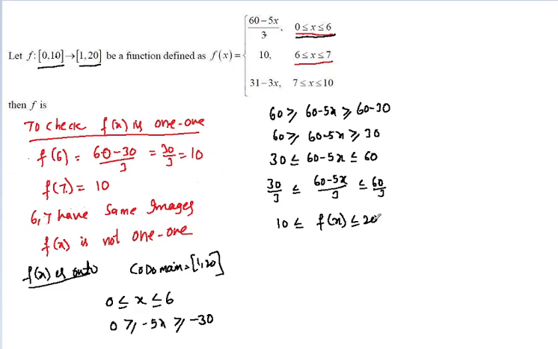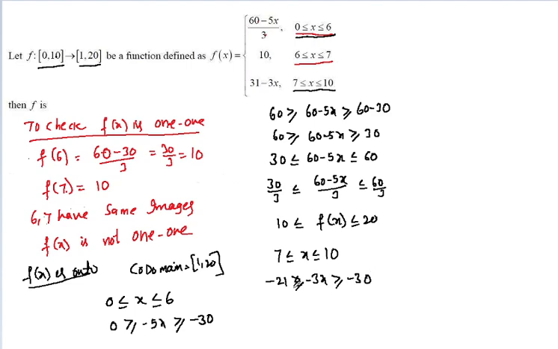So 30 by 3 is 10, less than or equal to the given function f of x, less than or equal to 20. And the given function for 7 less than or equal to x less than or equal to 10. Now multiplying by minus 3, that is minus 21 greater than or equal to minus 3x greater than or equal to minus 30.